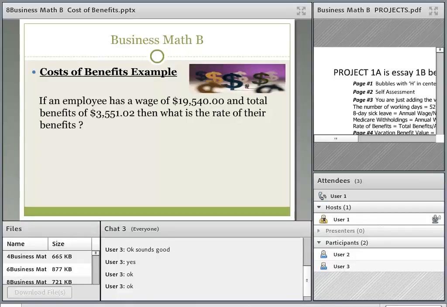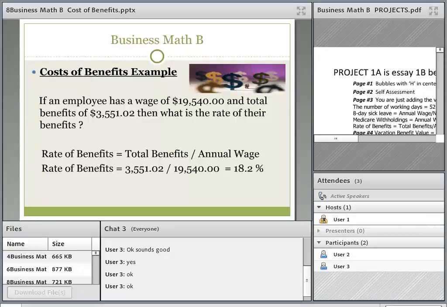Yes, it tells us it is a percentage. So to find the rate of benefits, you'll take your total benefits, divide it by your annual wage, and there's your percent. When you type this in your calculator, your answer will be 0.182. Then you move it over 2 spots and put the percent sign at the end.